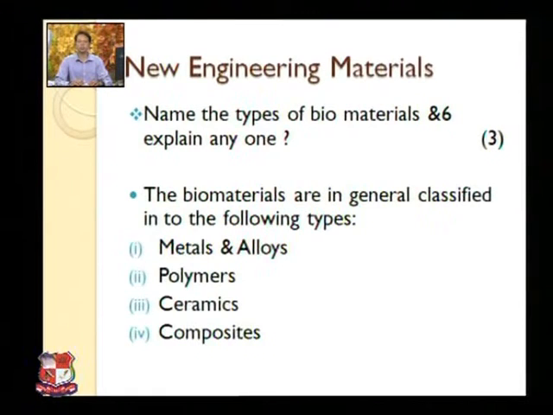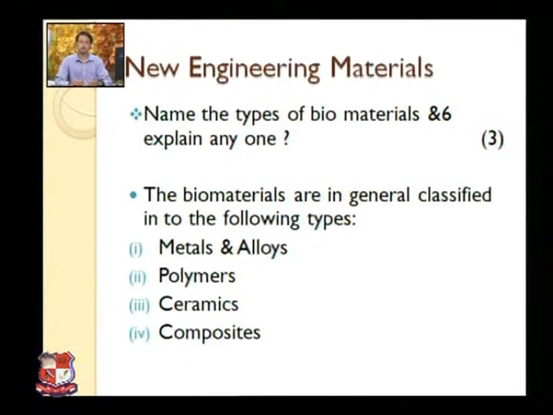These 4 are the synthetic biomaterials normally used in various engineering applications. Biomaterial is one of the advanced engineering materials, as you can see in the topic at the top of this presentation, new engineering materials. This question is taken from new engineering materials, or the latest advanced engineering materials.